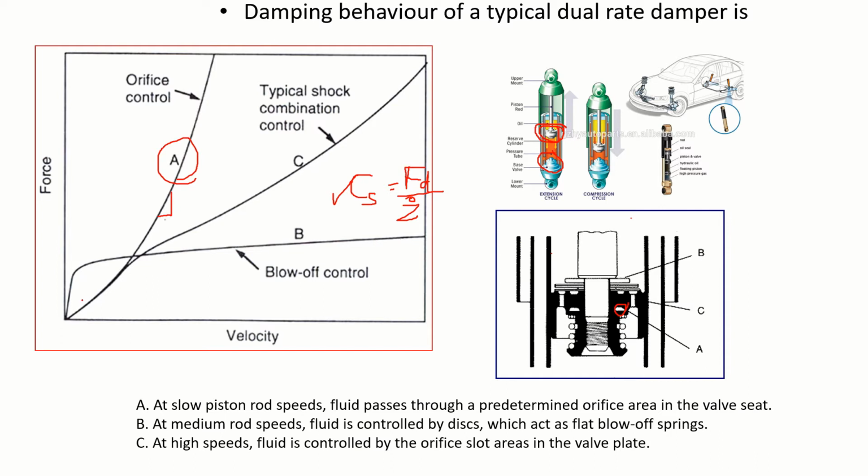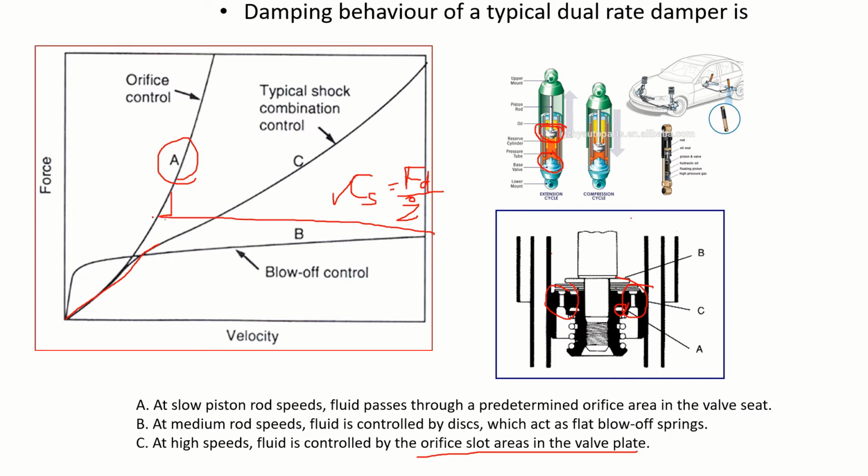That is the thing. So C, at high speed, the fluid is controlled by the orifice slot area in the valve seat here, and this is the characteristic. You get almost a linear characteristic like this. So depending on the speed, it behaves this way, and at different velocities you can find out the damping coefficient.